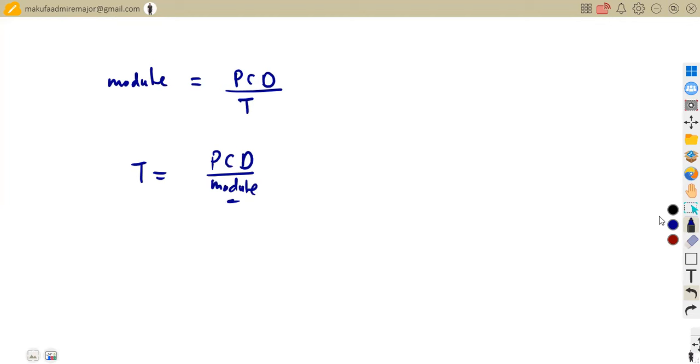And also to calculate the number of teeth on the annulus, we are going to use the formula TA is equal to TS plus 2TP. That is, the number of teeth on the annulus, which is our ring gear, is equal to TS, which is the sun gear, plus 2TP, where TP is the planetary gear in this case.